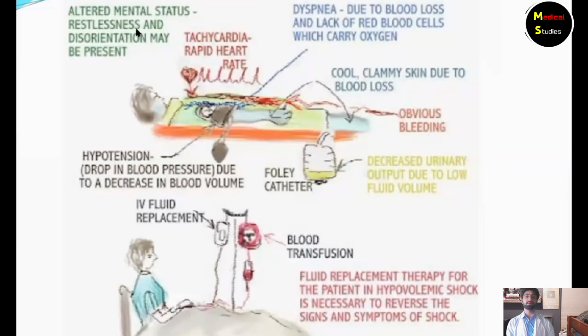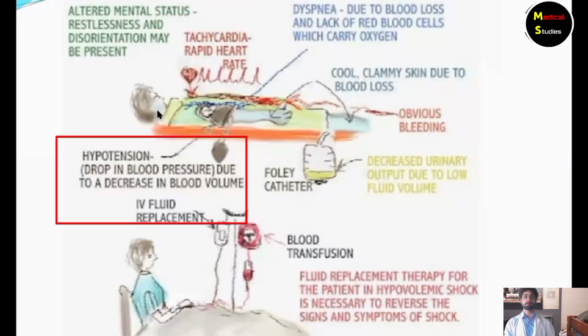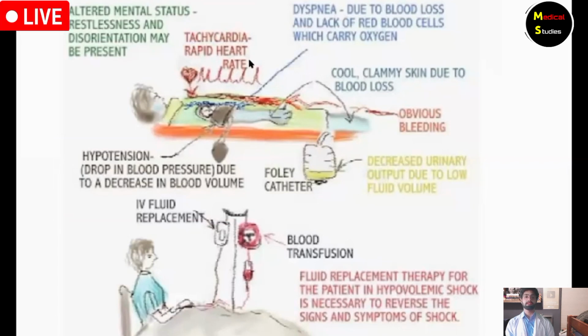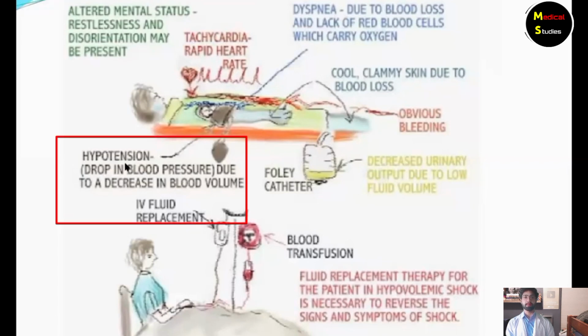Decreased by how much? What is the limit below which blood pressure is called hypotension? Anyone? So the level is 90. 90 is the level of hypotension. 90 is the lowest limit for hypotension.